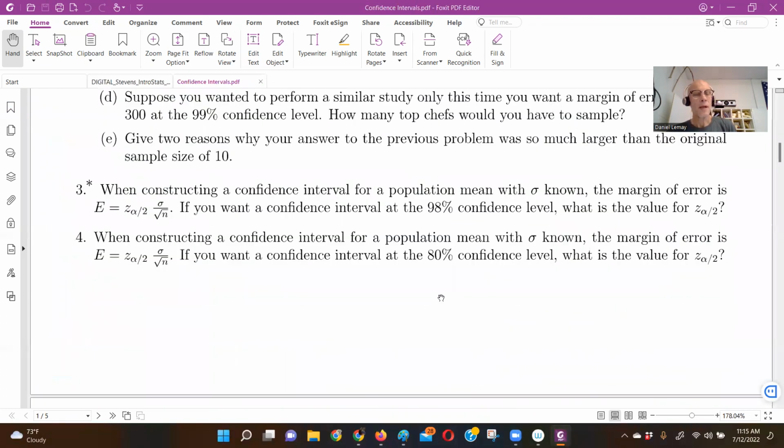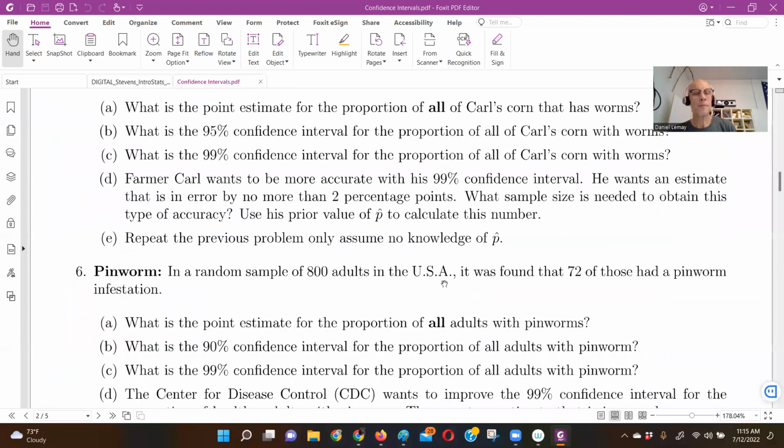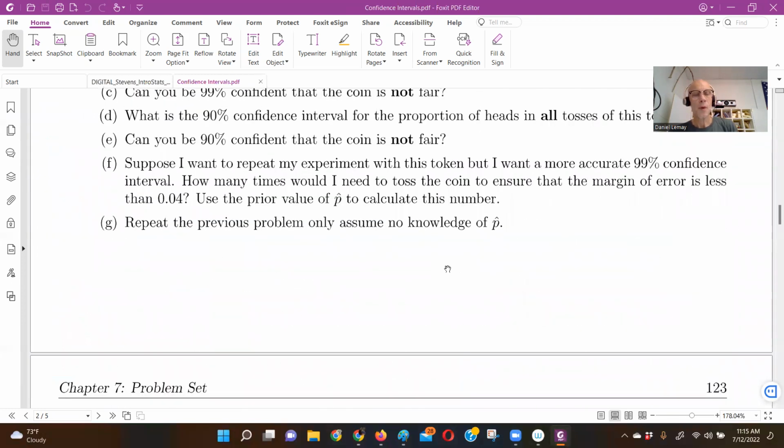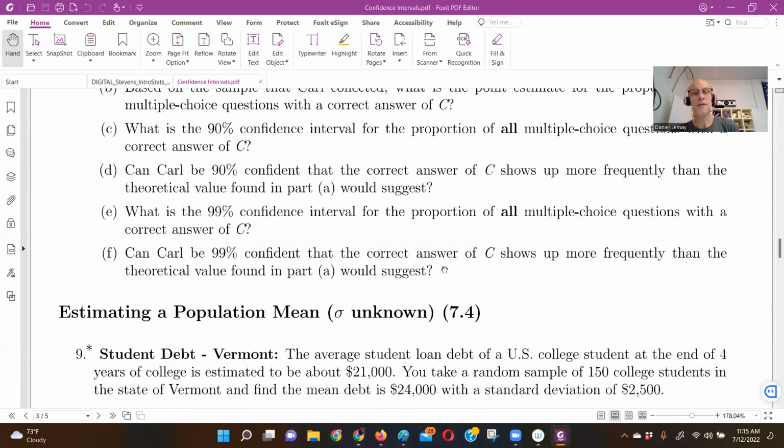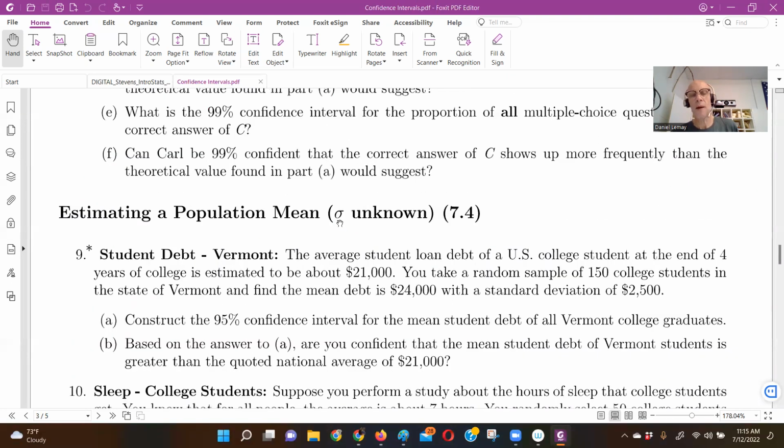Now, when you come down to the next part, when you don't know the population standard deviation, see, we don't know the population standard deviation. So there's a couple of conditions you've got to meet. Is the sample size bigger than 30?